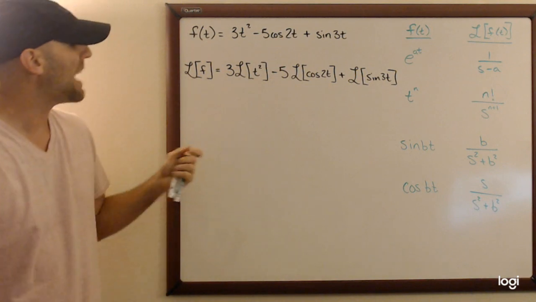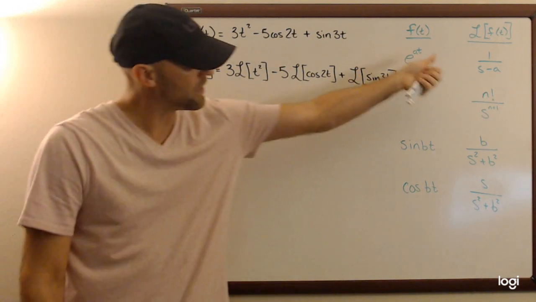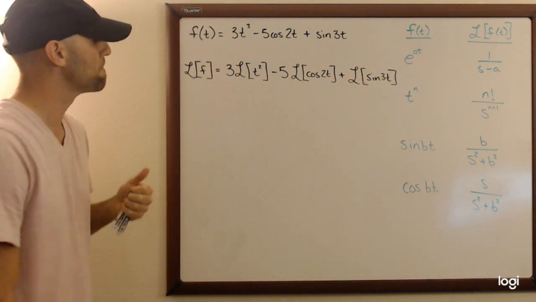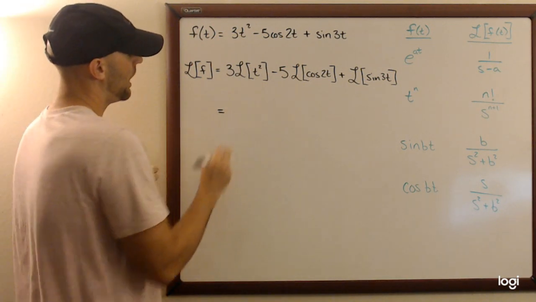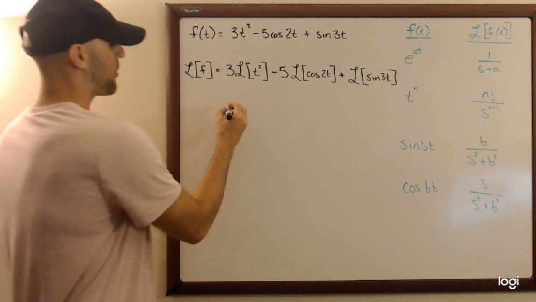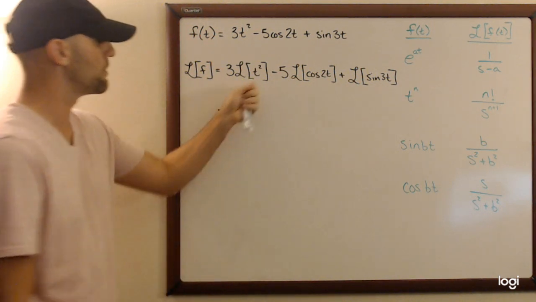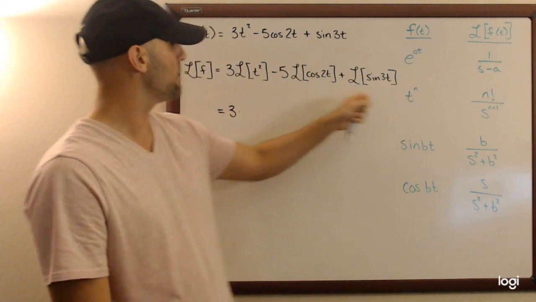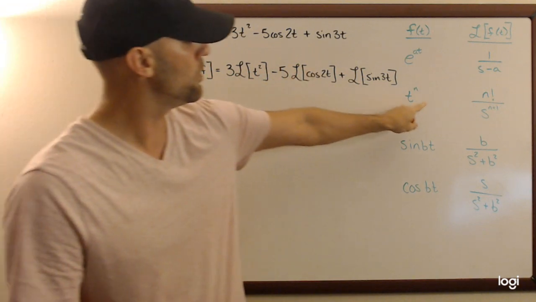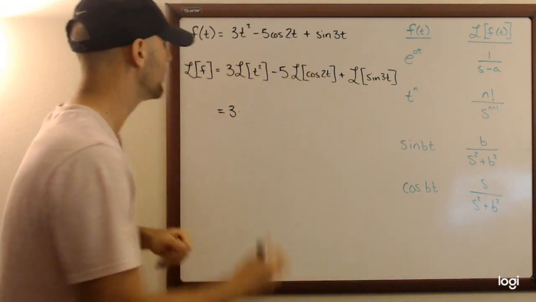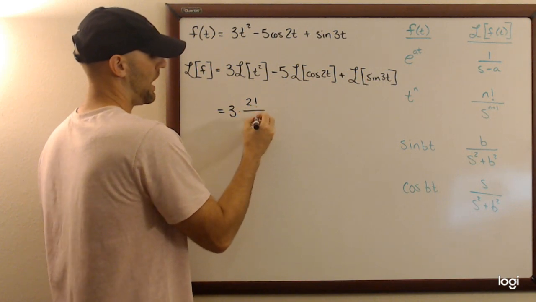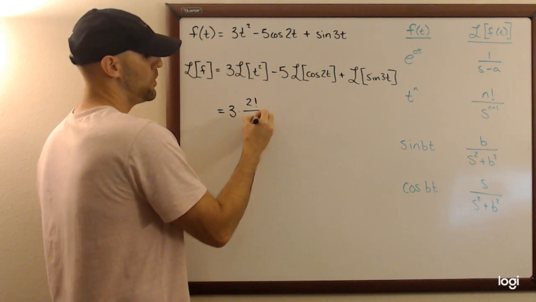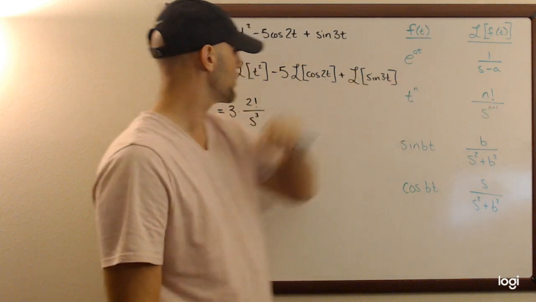Okay? And now you'll note that each of these fits one of these formulas, right? Let's see if we can apply these. So I've got 3 times the Laplace transform of t squared. Here we go. It's my polynomial term. N is 2, so it should be 2 factorial over s to the 2 plus 1, which is 3.